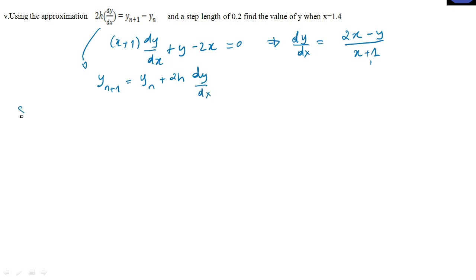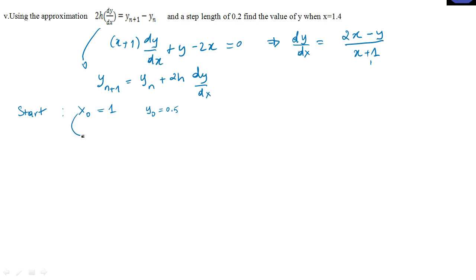So we start our algorithm with x0, which we know is 1, and y0 is 0.5.